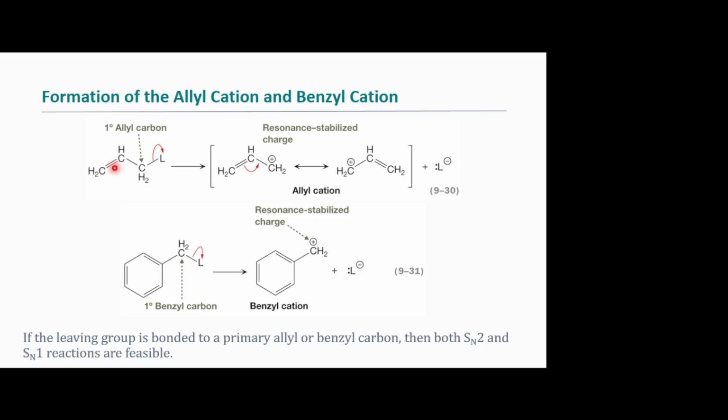Well, they're more stable, weren't they? Remember, that was one of those stabilities. It was about the same as being a secondary carbocation, wasn't it? So being adjacent to the allyl system is actually going to stabilize your carbocation.